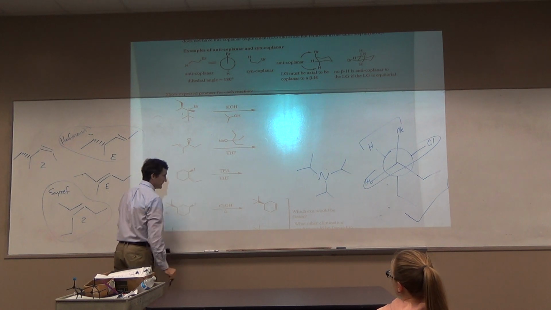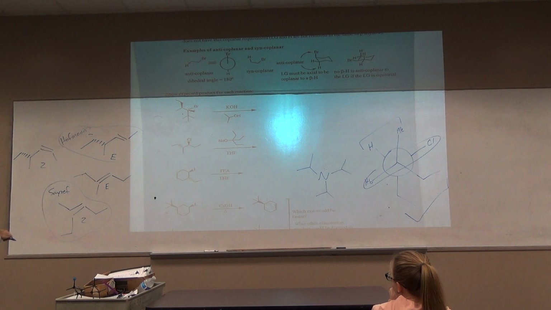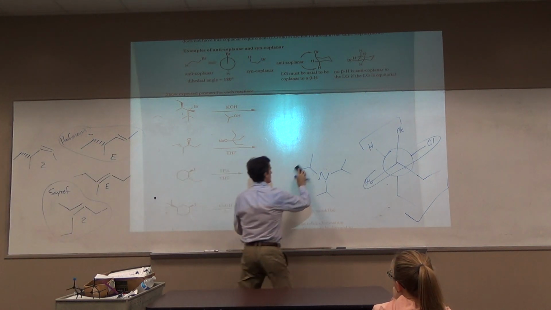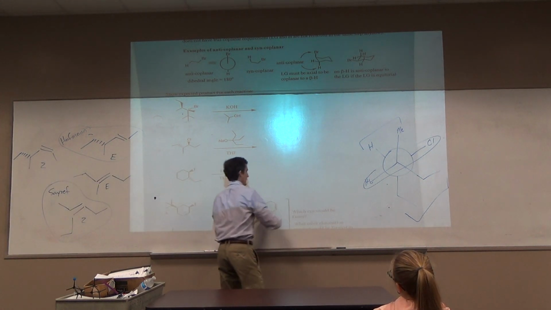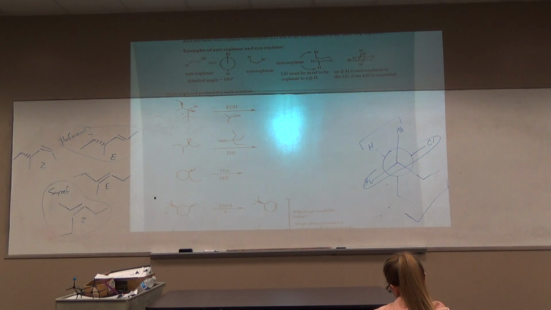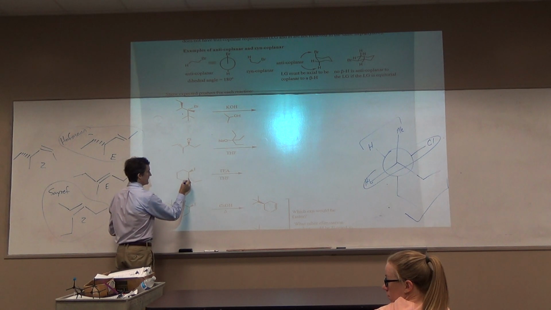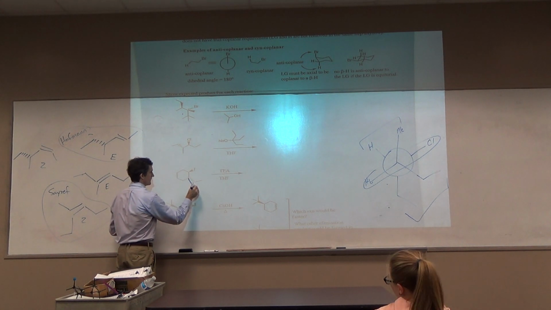Again, I just erased the H's here. Is there something else that can help us here? Can this reaction even give the Zaitsev product? Why not? If it did the ethyl, that H is not anti to the iodine.